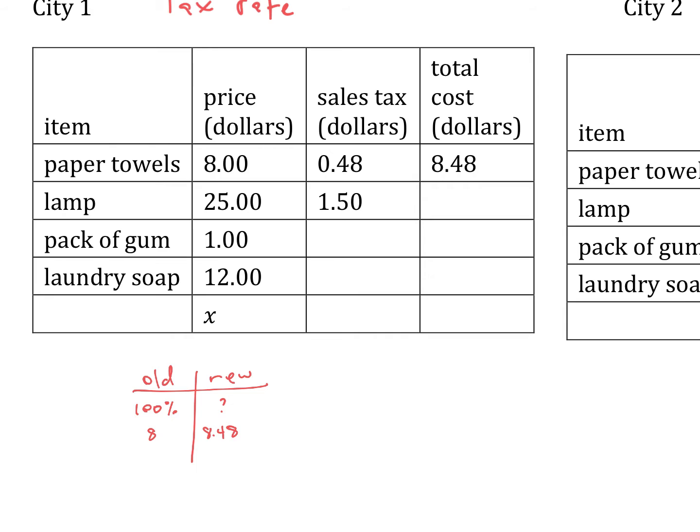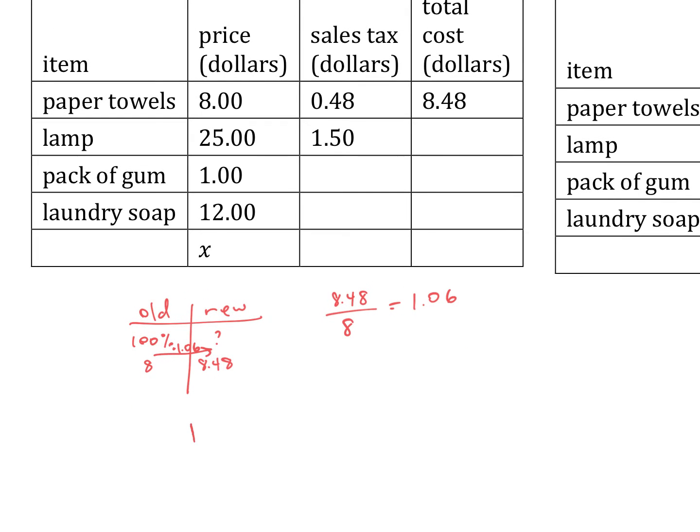So I need to figure out the constant of proportionality. I'm going to do 848 over 8, which is equal to 1.06. So I know that I'm multiplying by 1.06. If I do 100 times 1.06, I get 106%.